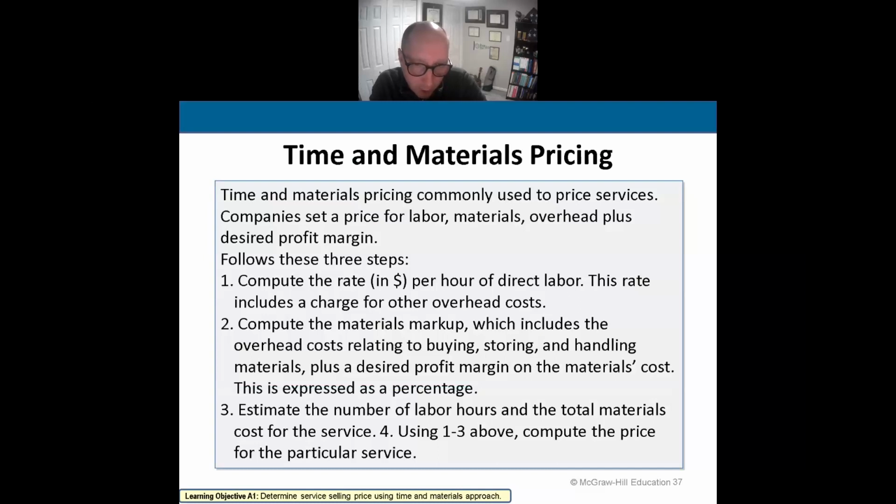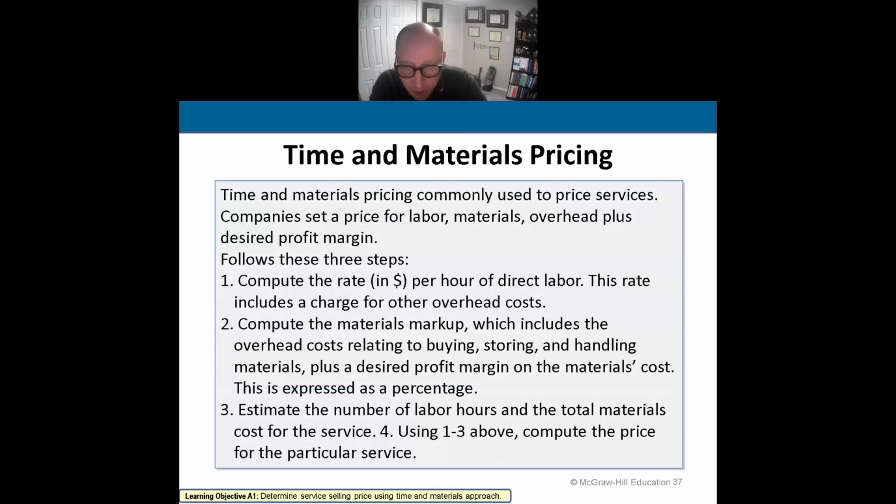In that hourly rate, we mark up the materials, usually about 1.5 for auto repair shops. It's the cost of the materials times 1.5, which is the markup for the materials. It's expressed as a percentage, 1.5%.